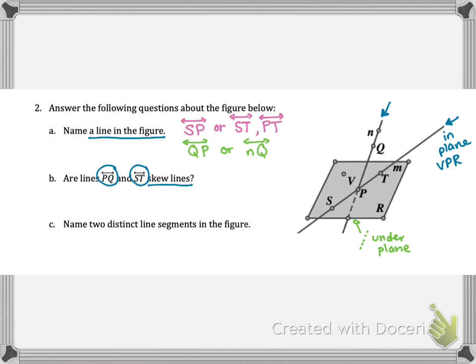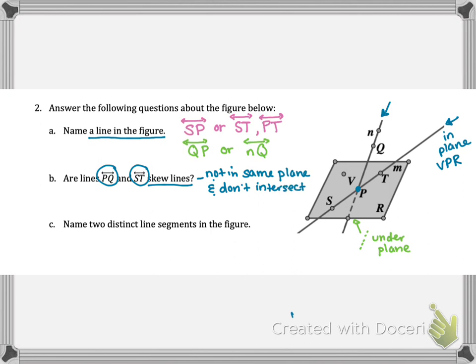But skew lines are not in the same plane and they don't intersect. So we're going to have an issue here because our 2 lines intersect right here at point P. So skew lines are not in the same plane and don't intersect.